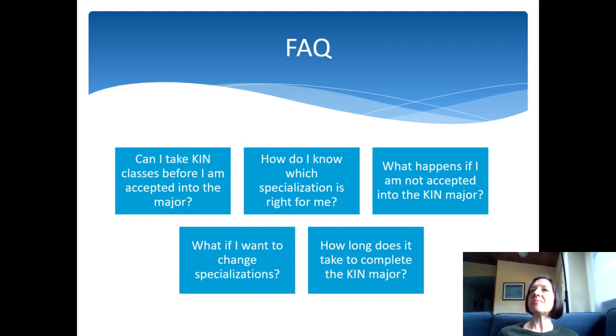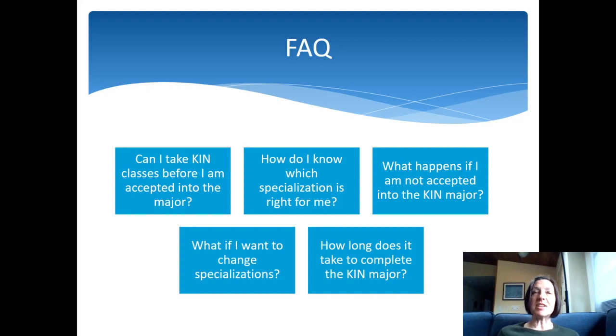Sometimes students will start in one major specialization, and then as they are getting into content in kinesiology, may find that a different specialization actually becomes a greater interest or a better fit for their needs. Students can apply to change major specializations. What that looks like is you just submit a new major application during our major application time.